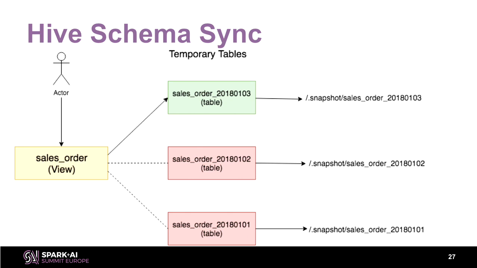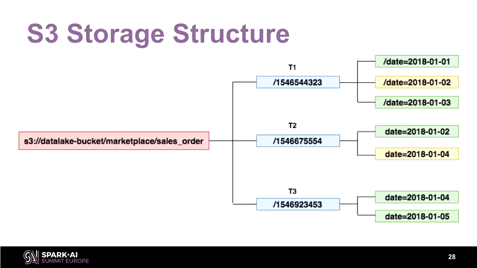And when we move the view pointer to the temporary tables, it's a very lightweight operation. It doesn't consume too many resources. So that way, it helps in writing without interfering with readers.